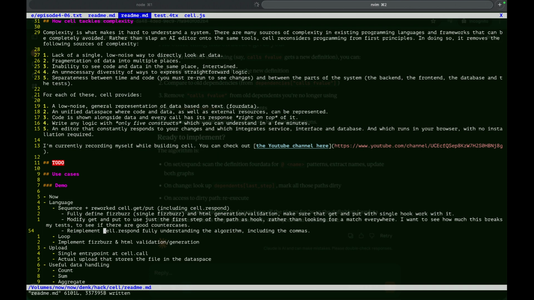Yeah. Should I tackle this? Implement cell.respond fully, understanding the algorithm.